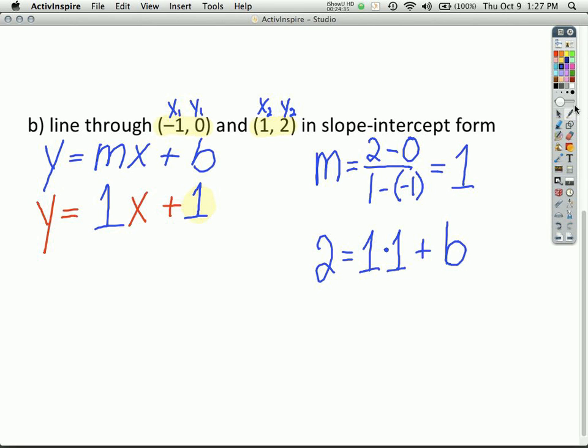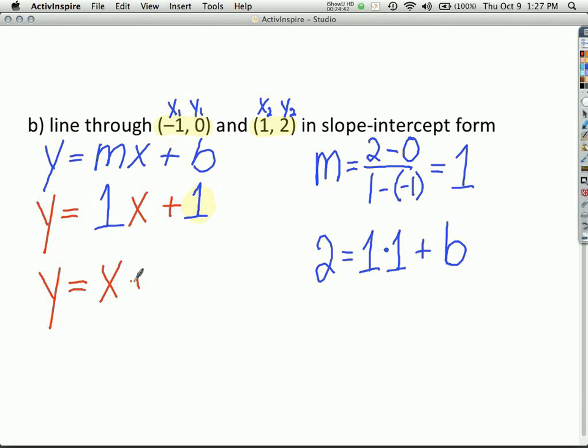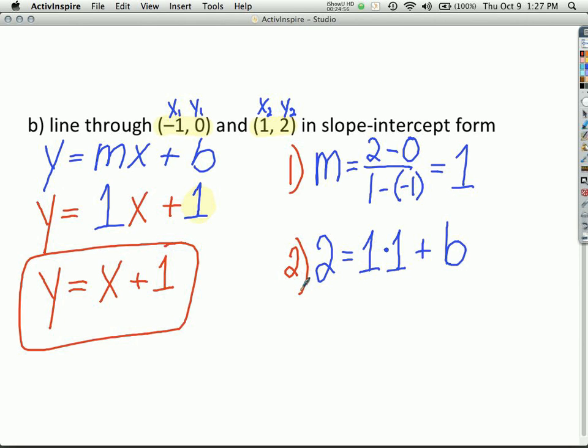And so we have now written an equation of the line that passes through those 2 points. y equals x plus 1. Anyone have any comments or questions on how we did that? So there were 2 steps. Find the slope, find the y-intercept, plug them in. Any questions about that? Any concerns?